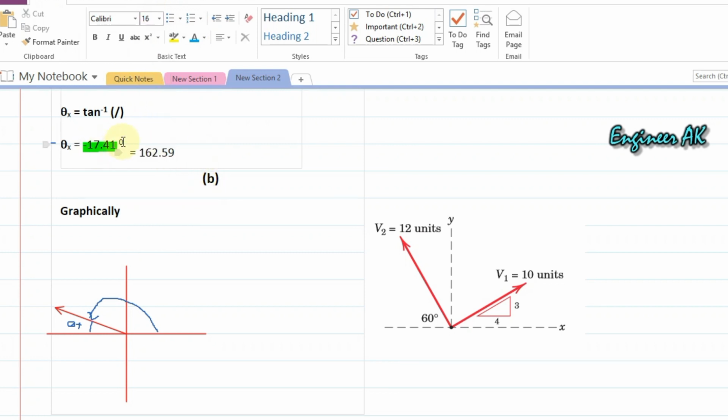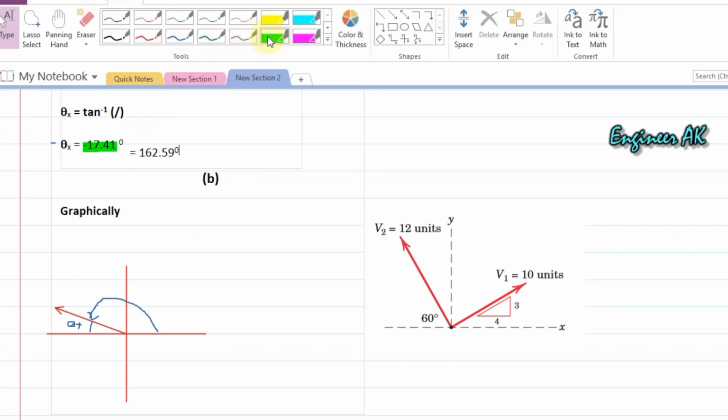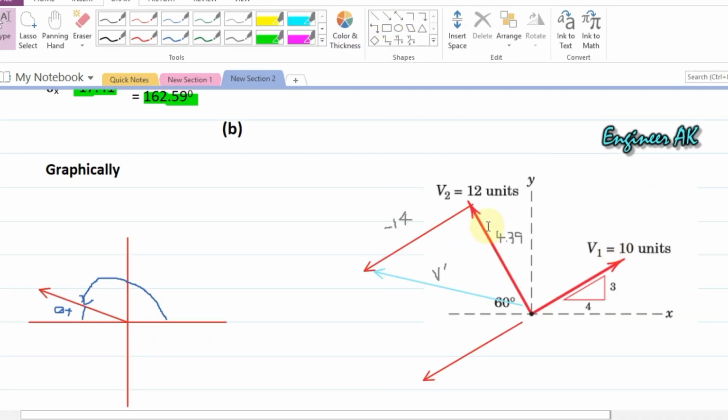So this is the angle that we have found, and this is the graphical representation. If I want to draw its components, let me make it clear here. So now if we look here, this is the actual diagram, right?